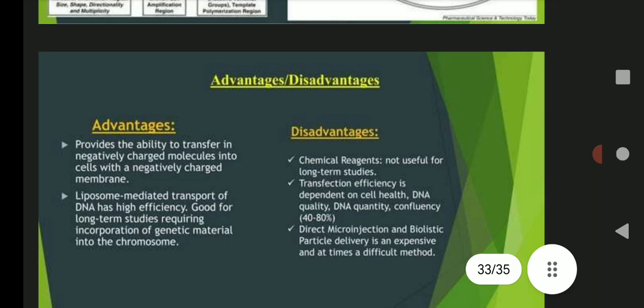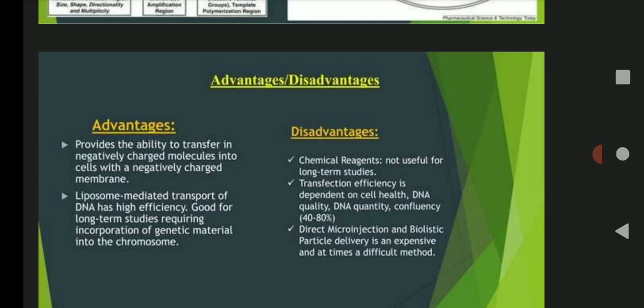What are all the advantages and disadvantages? The ability of the DNA to be transferred to the cells across the membrane with the help of liposome mediated transfer is highly efficient when compared to the other methods. On long term study it does not have any side effects.